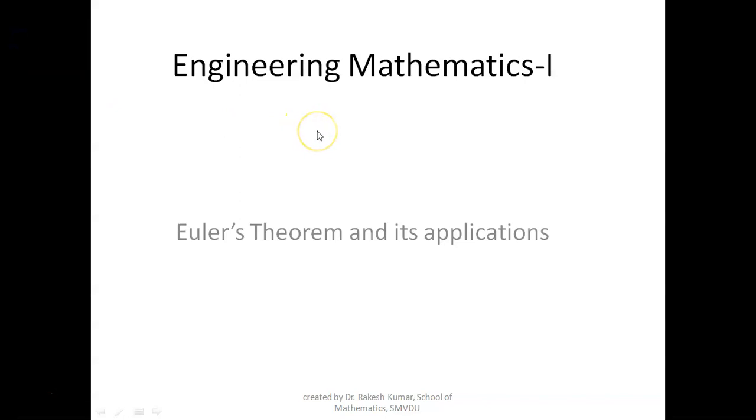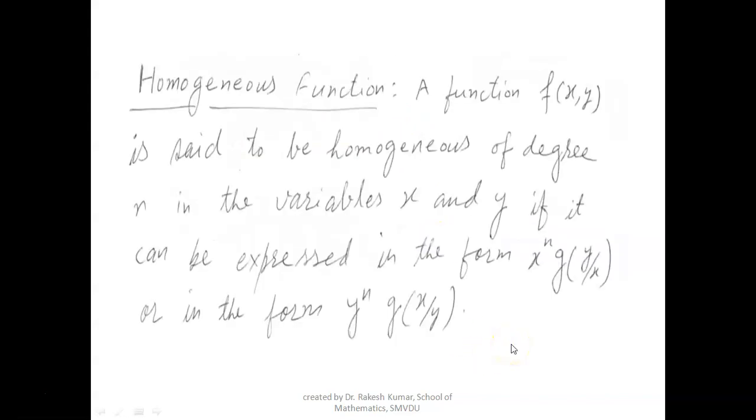Hello students, in this class we will extend the discussion on partial derivatives and study Euler's theorem and its applications. Before moving forward, let us try to understand what homogeneous functions are.